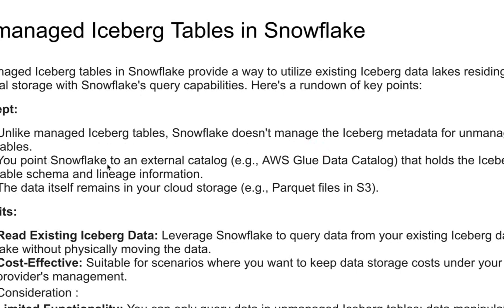You point Snowflake to an external catalog that holds the Iceberg table schema and lineage information. The data itself remains in cloud storage. In any scenario, Iceberg tables have the data within data storage, not within Snowflake.